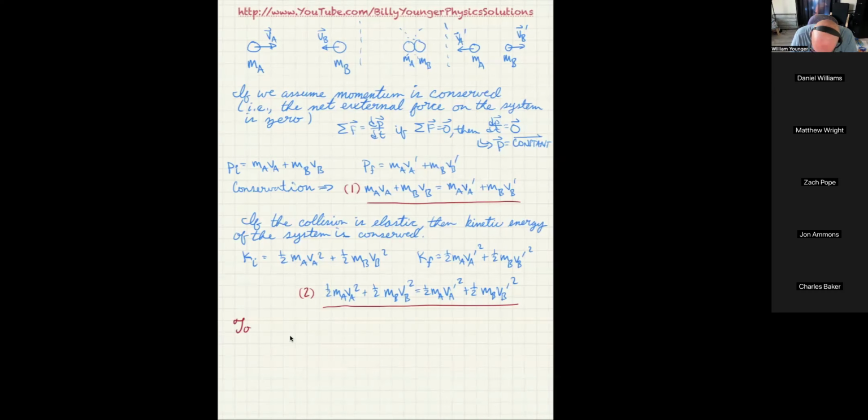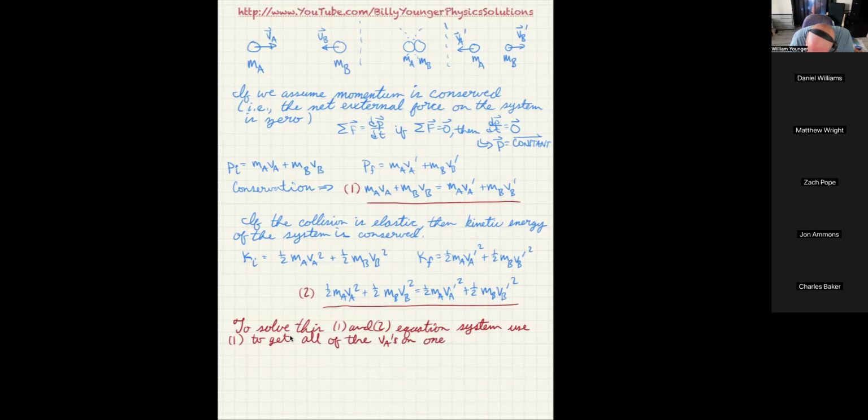So to solve this one and two equation system, use one to get all of the VAs on one side and the VBs on the other. Okay. So what do I mean by that?